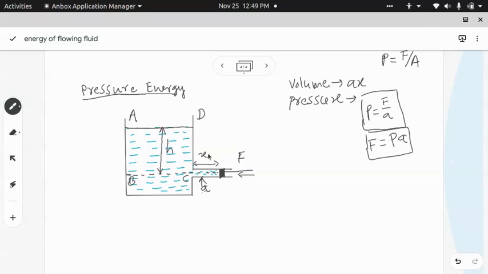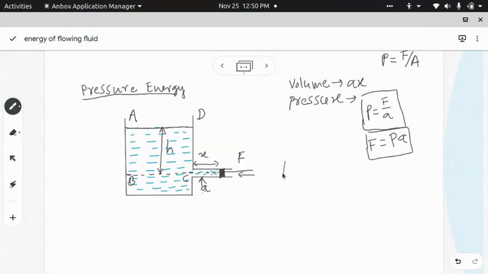If force is applied and displacement occurred, then work will be done. As we have learned in the previous chapters, if force applied on any body moves that body by some distance, then we can say that work is done on that body.